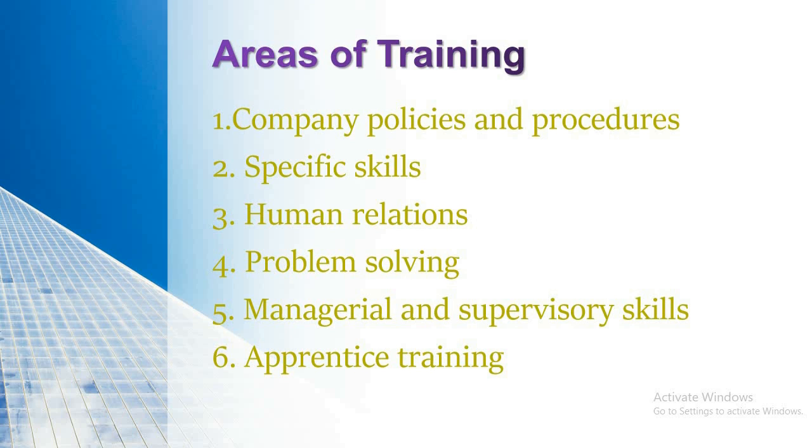This area of training is to be provided with a view of acquainting the new employees with the company's rules, practices, procedures, traditions, management, organization structure, environment, products, and services offered by the company. This acquaintance enables the new employee to adjust to the changing situation.